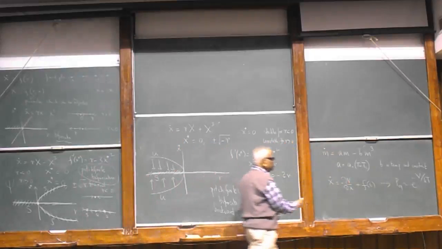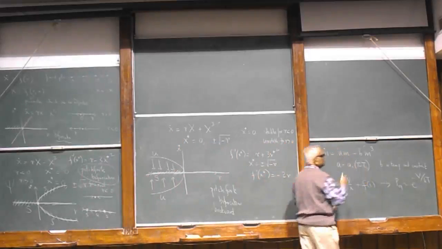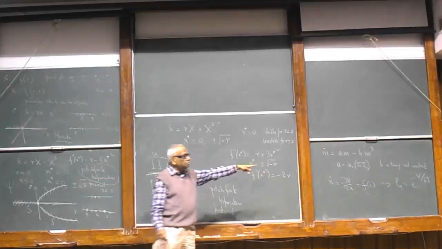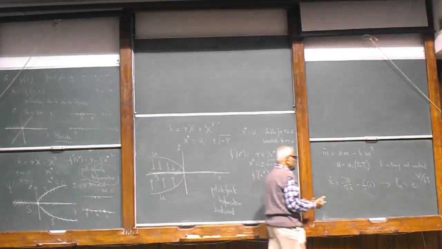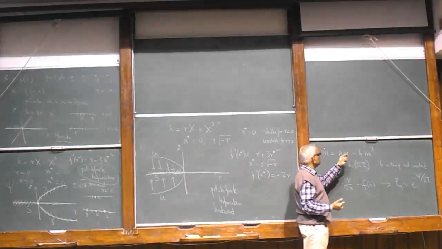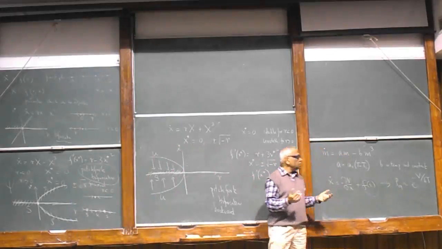So my choice of f of t to satisfy the fluctuation dissipation theorem would take me to equilibrium.